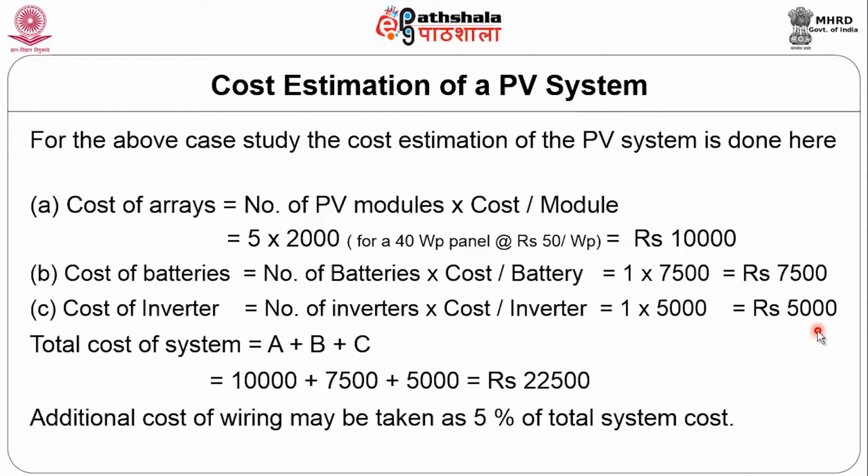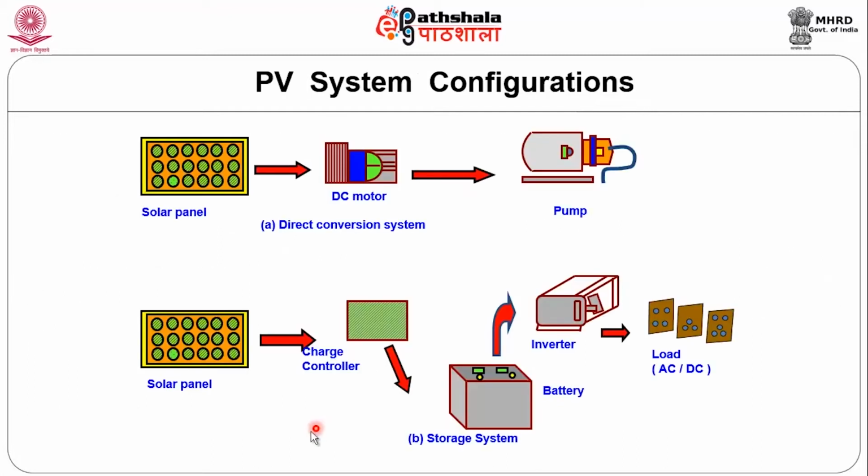So, total cost of the system: PV array about 10,000, battery about 7,500, inverter about 5,000 rupees, total about 22,500. Additional cost of wiring may be taken as 5% of total system cost. So, that is the system design and cost estimation of the PV system.